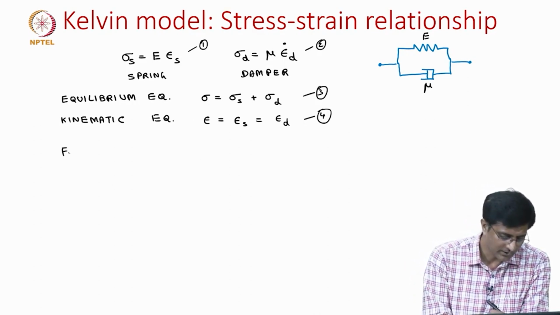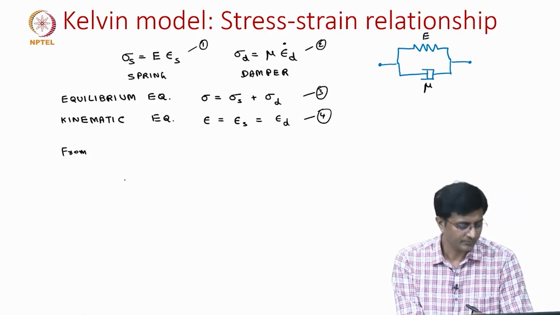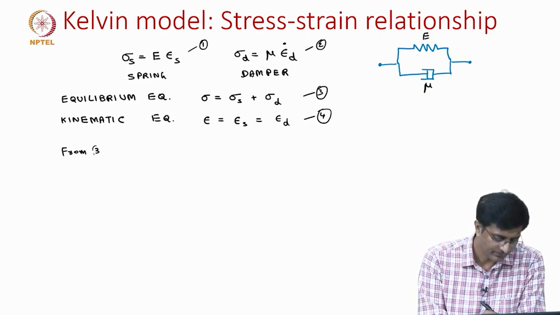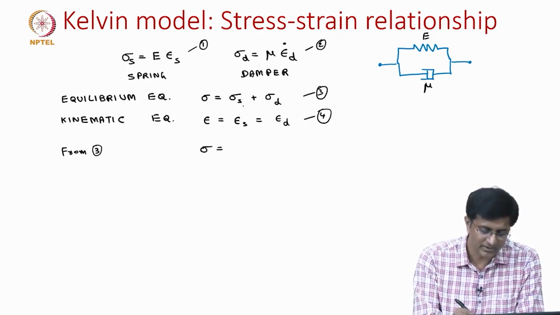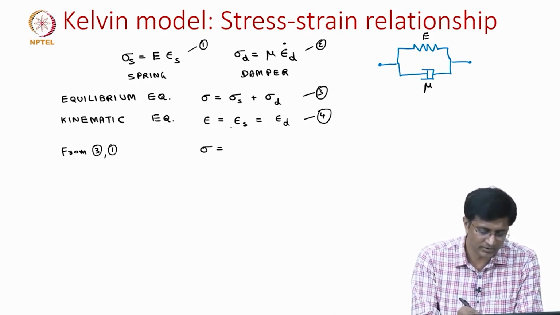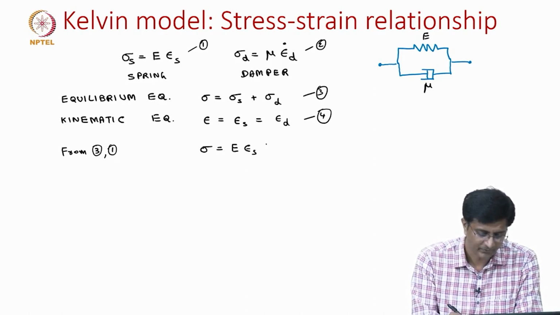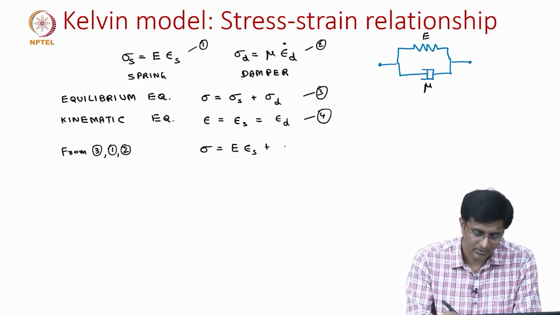Let us start from equation 3, which is written as sigma equals sigma s plus sigma d. From equation 1 we know that sigma s can be replaced as E times epsilon s, and the second term sigma d can be replaced using equation 2 as mu times epsilon d dot.